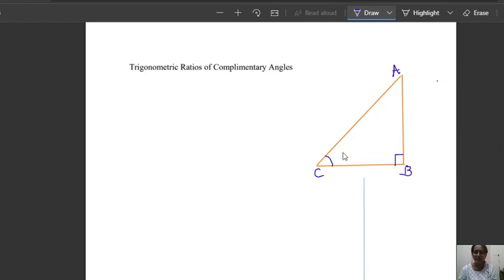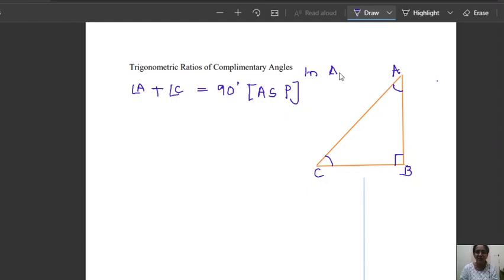Now, what is the measure of angle A and C? We don't know. It may be any value. Now one angle is 90. What is the total of angle A plus angle C?